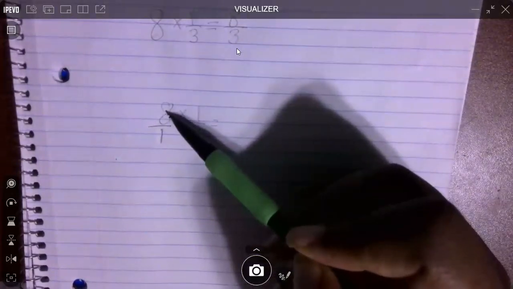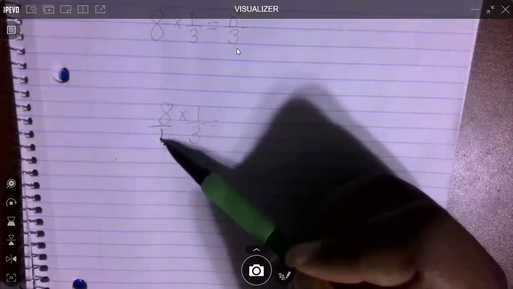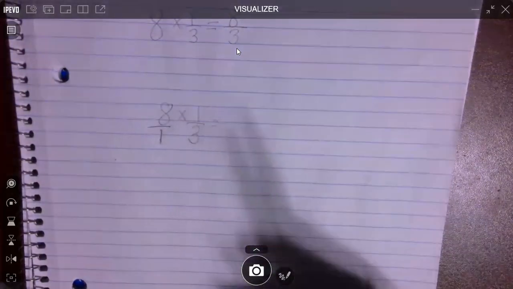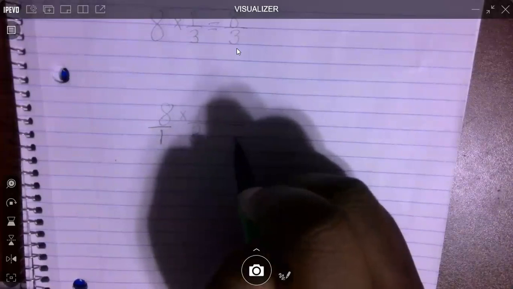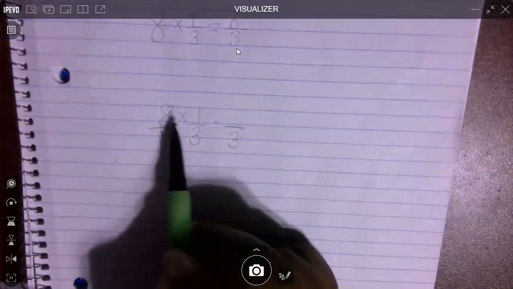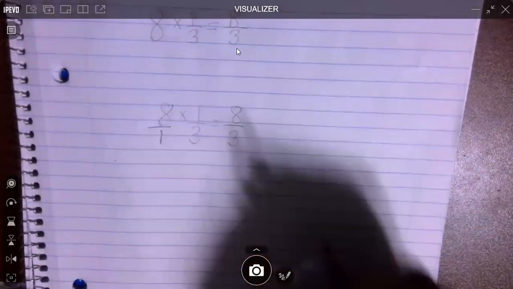So when we change this whole number to a fraction, we take the whole number and put it over 1 as the denominator. Then we multiply denominator times denominator, 1 times 3 is 3. Then we multiply numerator times numerator, and 8 times 1 is 8.